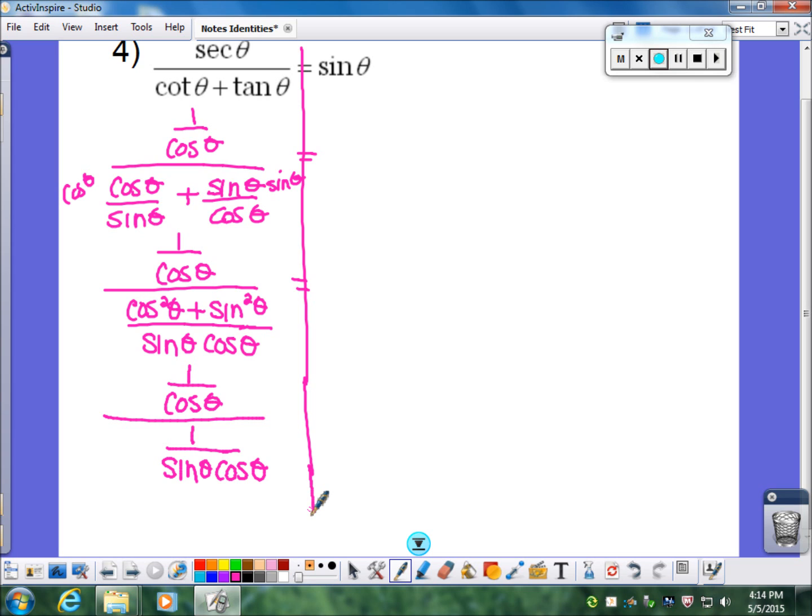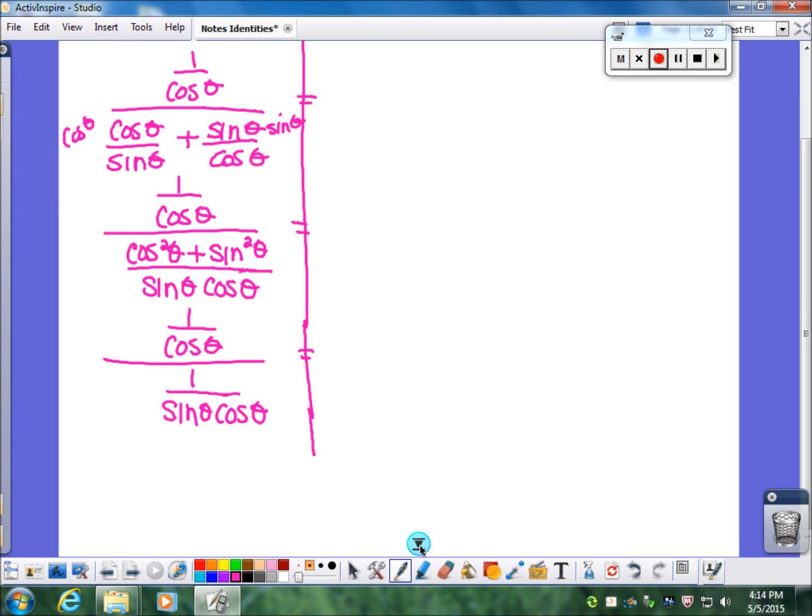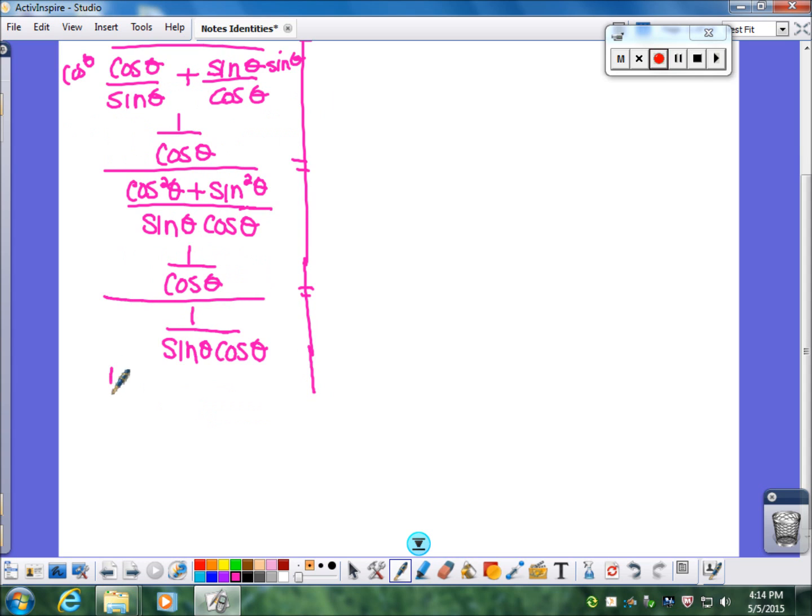All right, a complex fraction, like I said, just algebra. Let's flip and multiply. So we've got 1 over cosine theta times sine theta cosine theta over 1. All right, simplify these fractions. So cosine theta into cosine theta gives me 1. And there I go, there's my sine theta.